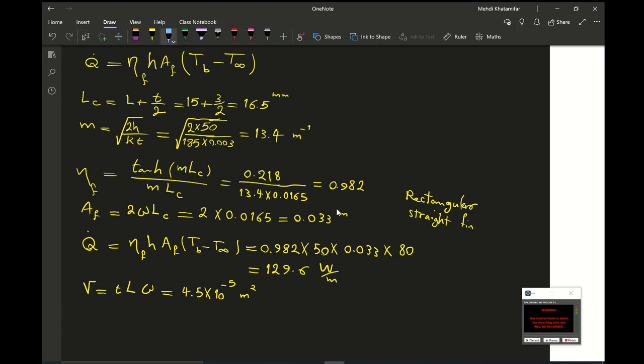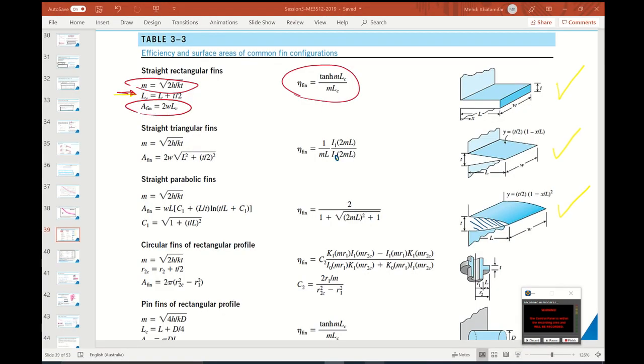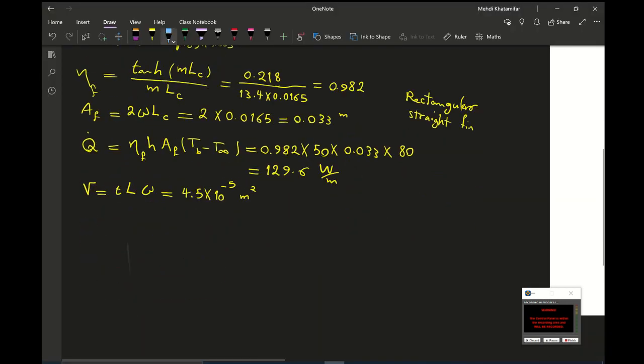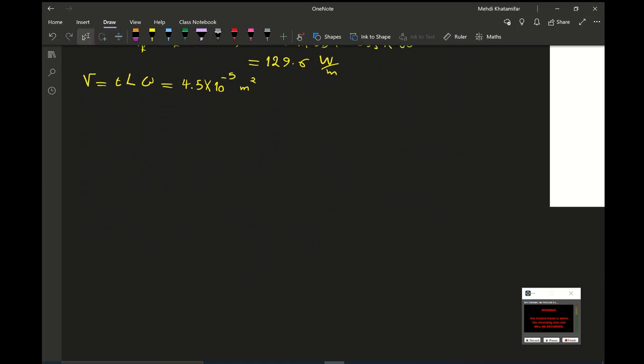Let's start with the triangular one. Let's go back. For triangular, instead of Lc, which I had for rectangular, I have L. So let's find everything for triangular.